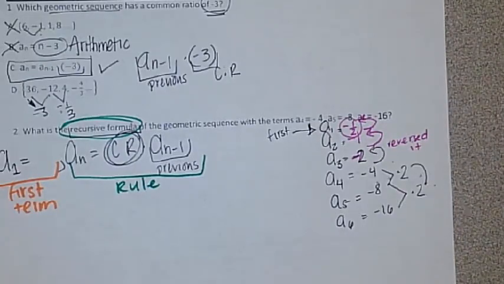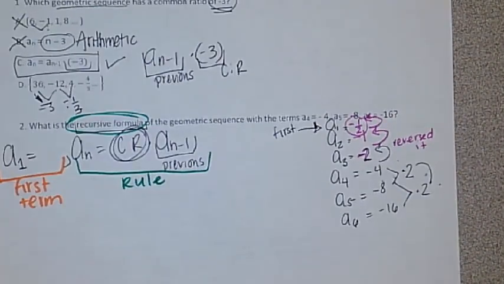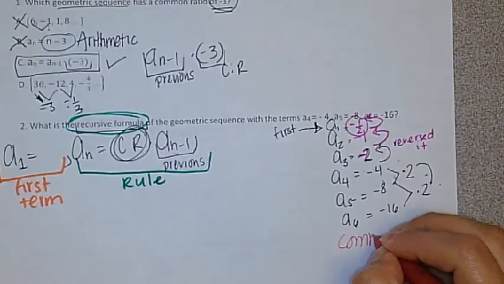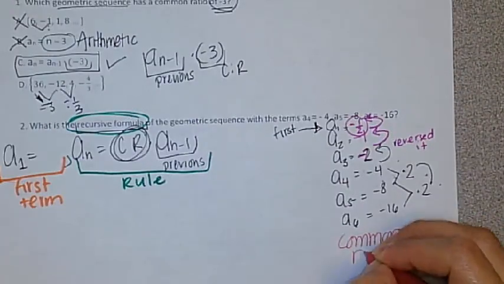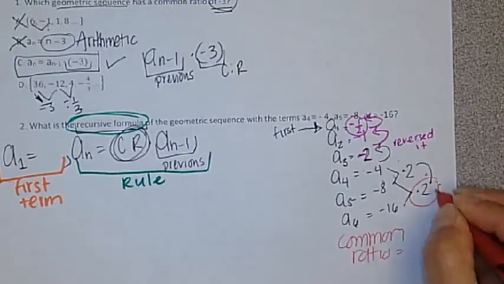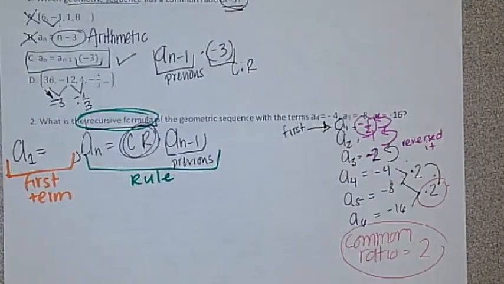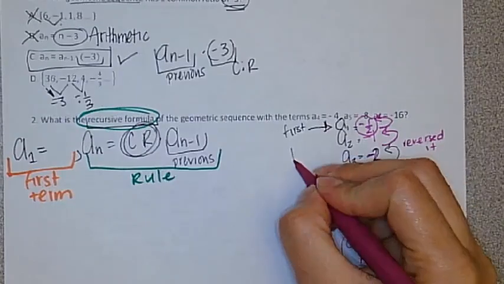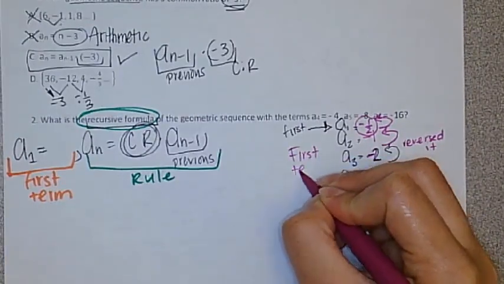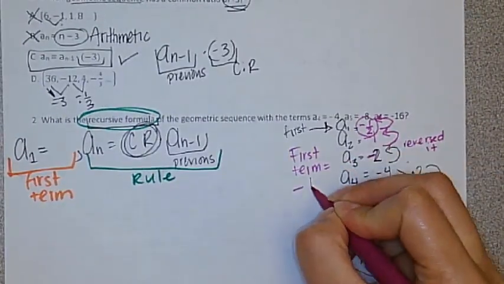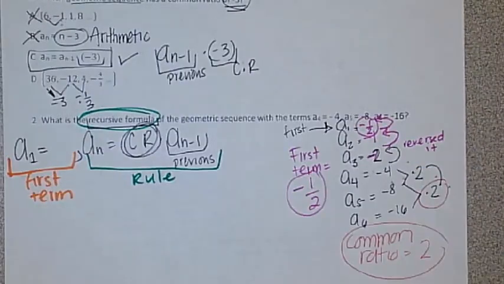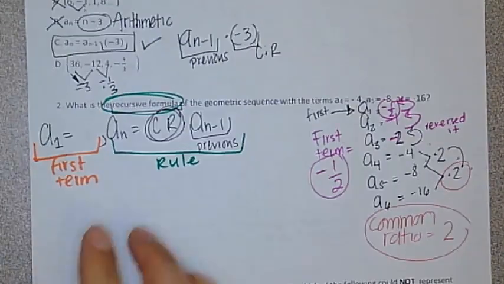Okay? So from here, I know that my common ratio is times 2. And when I reversed it, I know that my first term is -1/2. Okay, so now I'm ready to put it together.